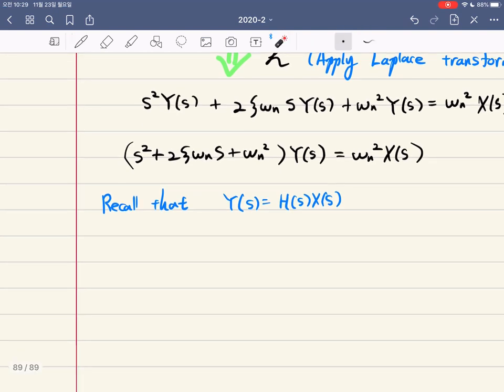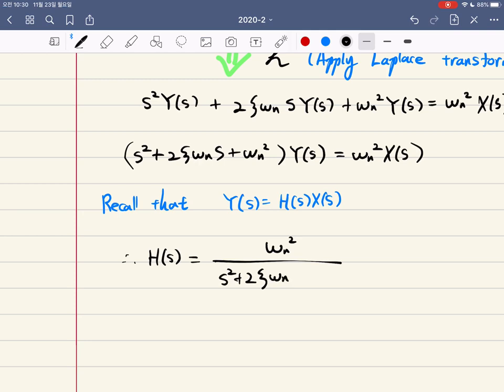Therefore, if you compare this equation to this one, then we know that H(s) of the second order system will be omega n squared over s squared plus 2 zeta omega n s plus omega n squared. This will be your second order system in Laplace transform.